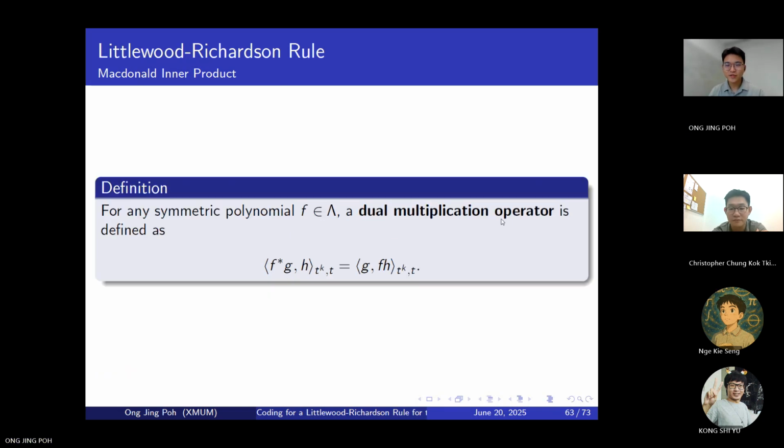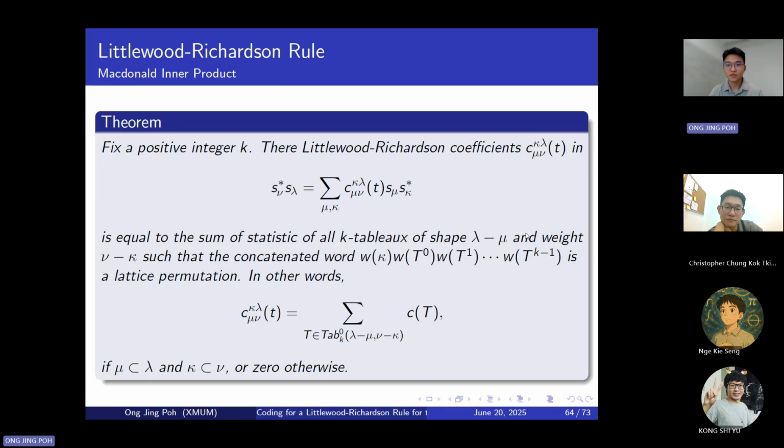And also we define the dual multiplication operator here. And then we have another version of the Littlewood-Richardson rule, which is equal to the sum of statistics of all K tableaux of shape lambda minus mu and weight nu minus kappa, such that the concatenated word is a lattice permutation.